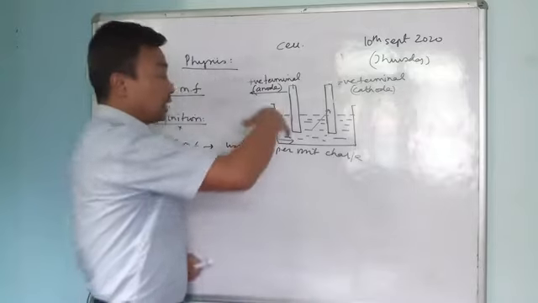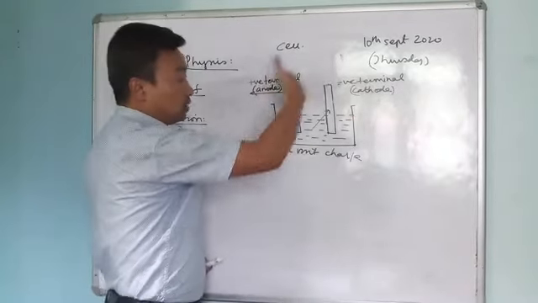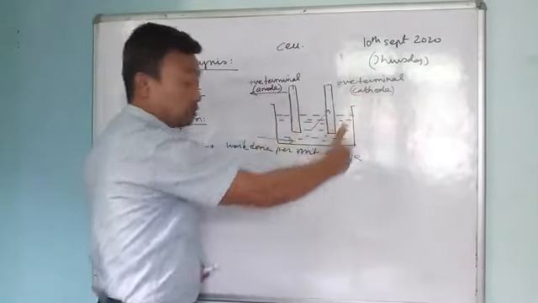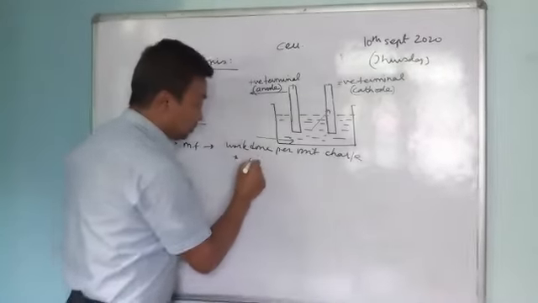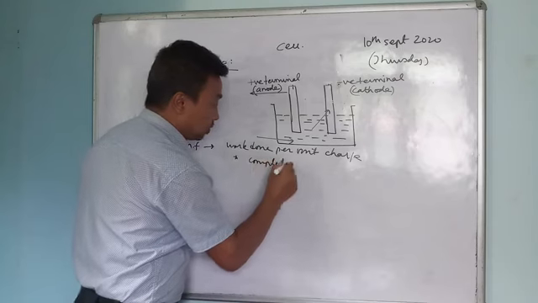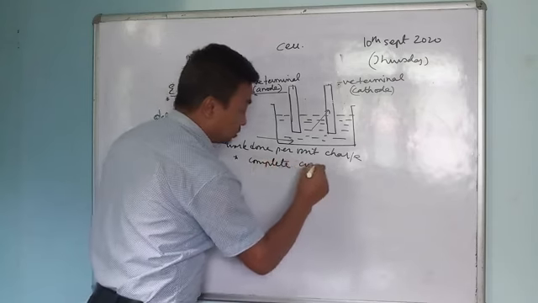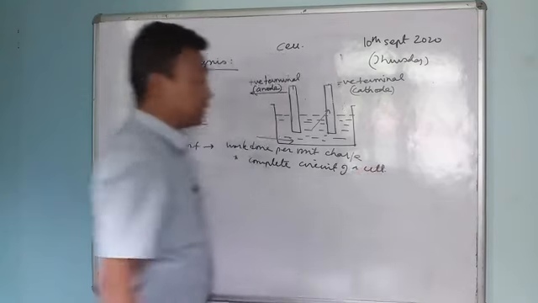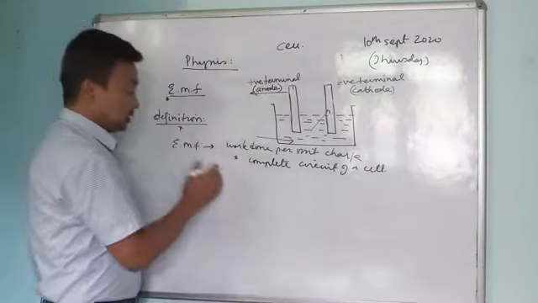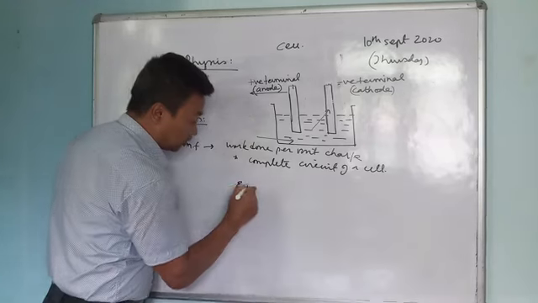So when the work is done in carrying the charge across the complete circuit of the cell, that is the key point here, across the complete circuit of a cell. So whatever work is done, that EMF is written like this.